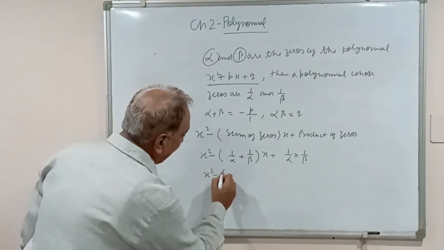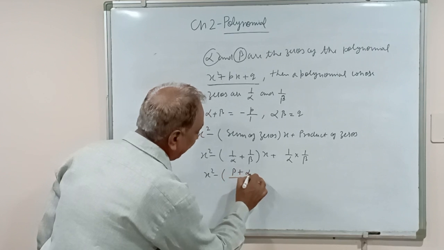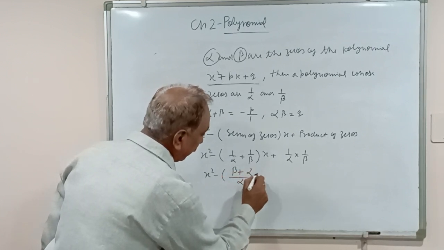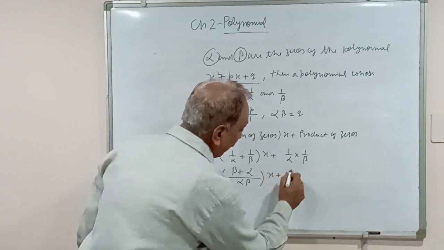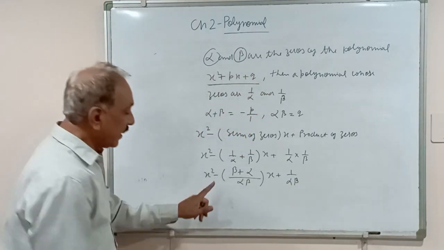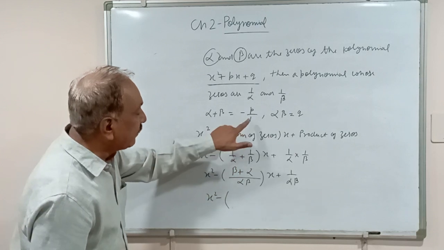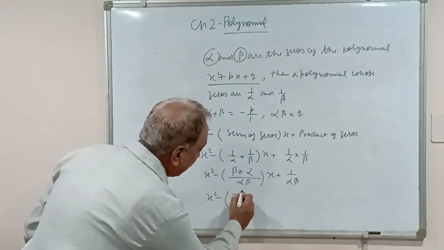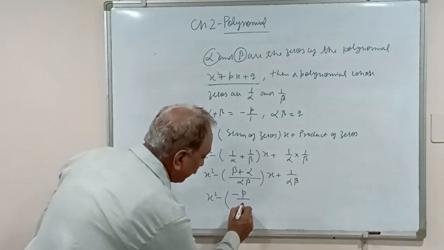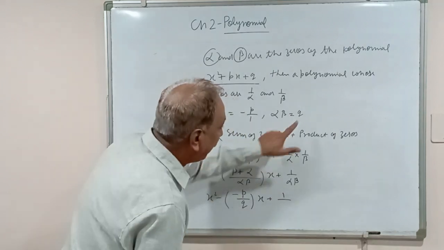X square minus, take LCM alpha beta, beta plus alpha, into x, plus 1 upon alpha beta. Alpha plus beta is minus p upon 1, means minus p, alpha beta is q.